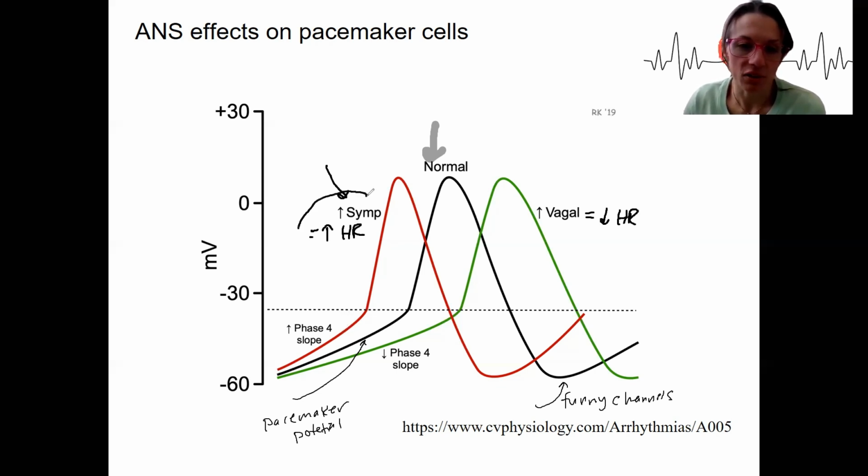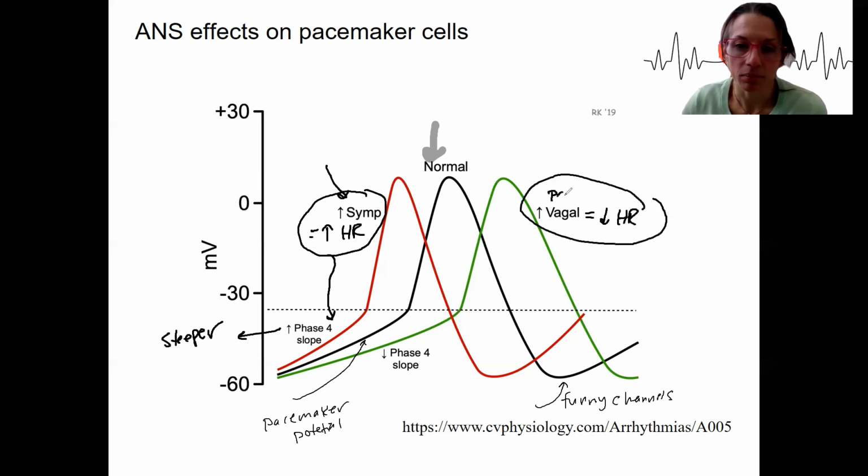So the sympathetic nervous system is going to make this slope steeper. Increased slope. The parasympathetic nervous system, vagus nerve, is going to make that slope less steep, more shallow, decrease the slope.